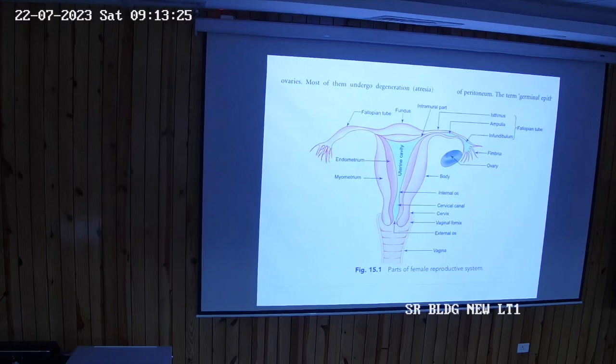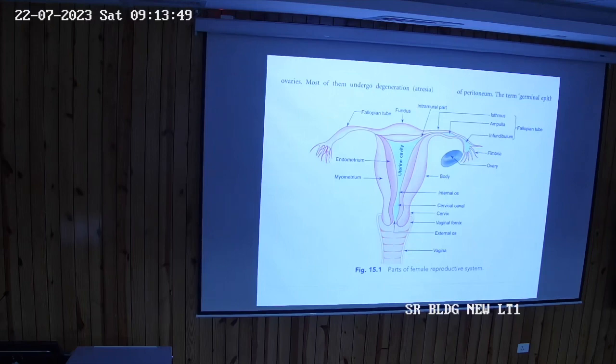When we see the transverse section of the ovary under the microscope, we find that it is divided into two parts, the cortex and the medulla. But there is no clear demarcation between them, because both consist of connective tissue.